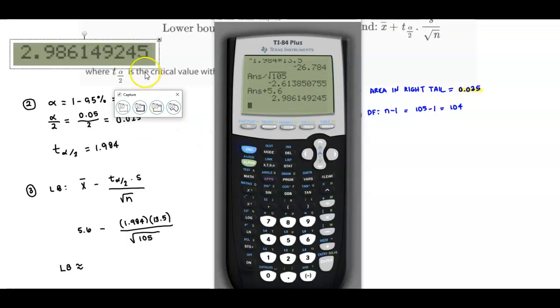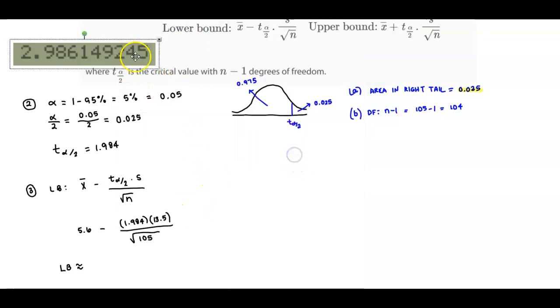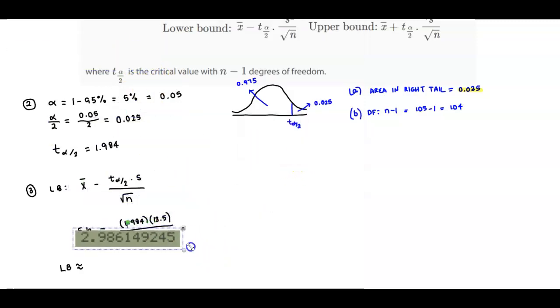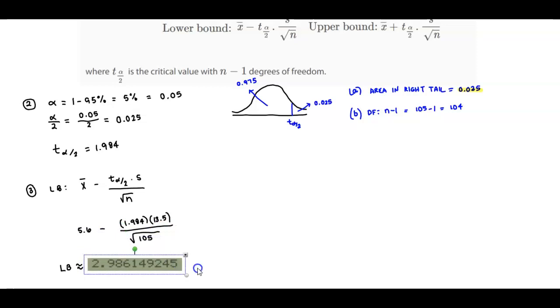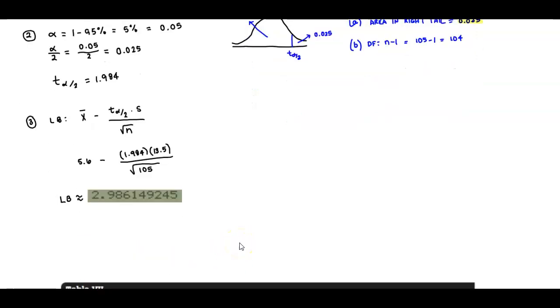So we get the following number, and we're going to round that to 2 decimal places. That gives us 2.99. Now we're going to go with the upper bound.